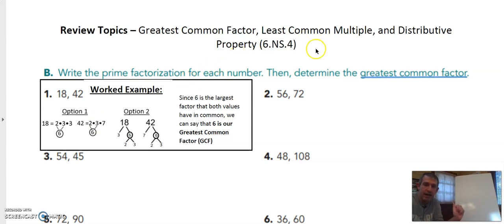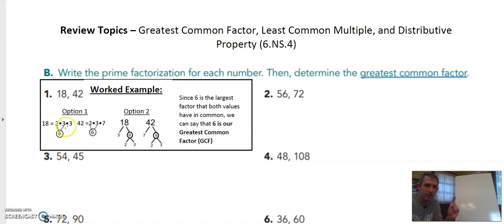Then, to use that to find the greatest common factor, we look at all of the prime numbers that are used to build 18 and all the prime factors that are used to build 42, and we look at where there are some numbers in common, okay? Hence the word greatest common factor, right?